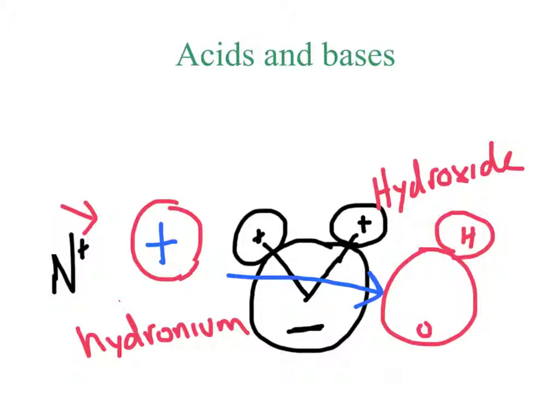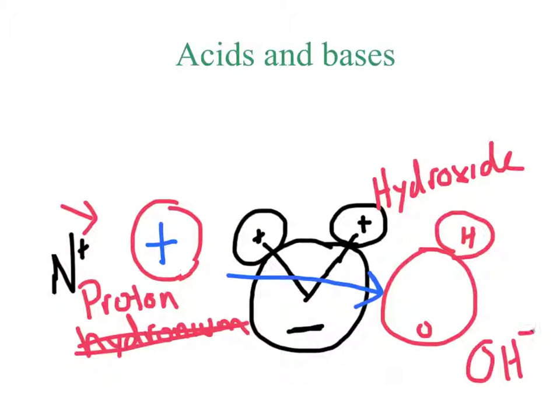So another way of writing this is a proton. There's just one positive charge. So this guy is called hydroxide. We abbreviate it like this, OH negative, because it's still got the negative from this proton. And we can abbreviate this guy as H+. So that's way more detail than you probably needed to know, but it's a little bit of background knowledge.